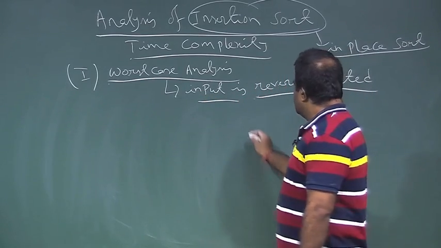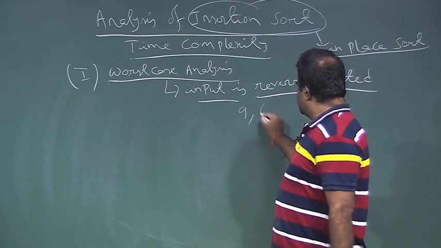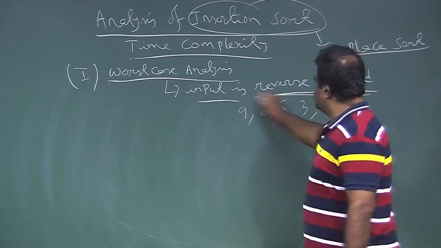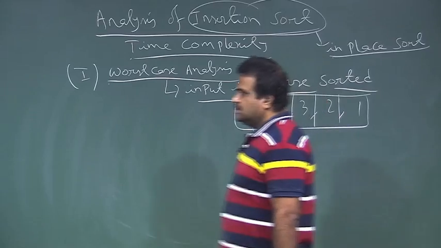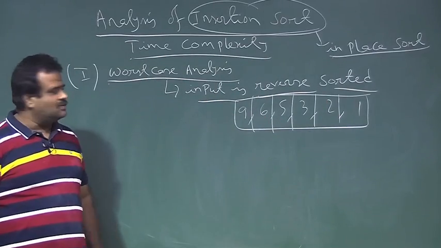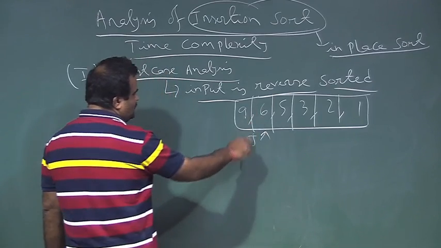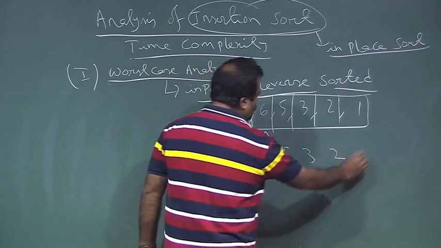For example, say the input is 9, 6, 5, 3, 2, 1, reverse sorted. If we run insertion sort on this input, we start with j at 6. 6 has to come here: 6, 9, 5, 3, 2, 1.